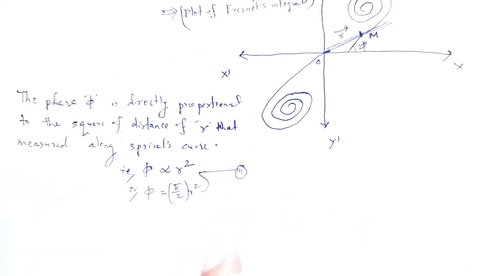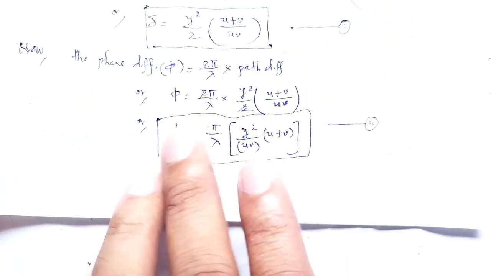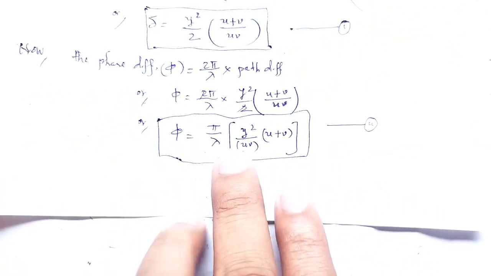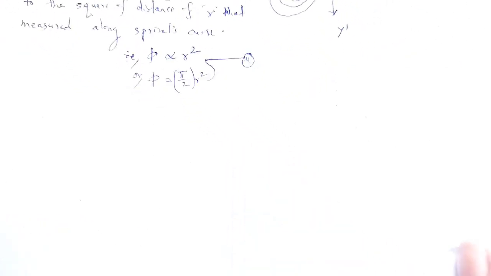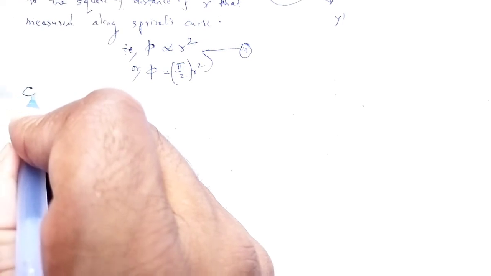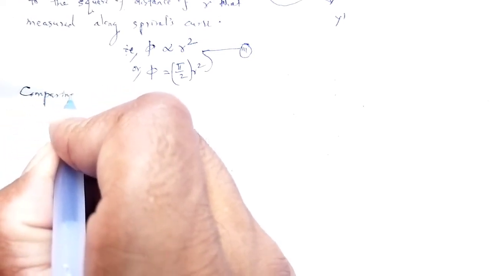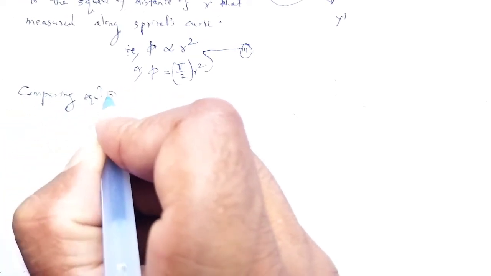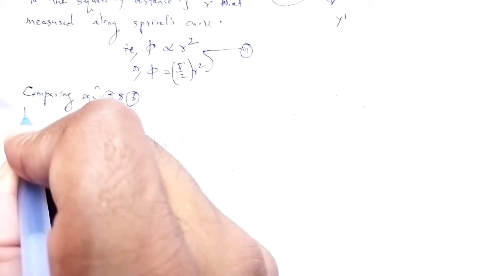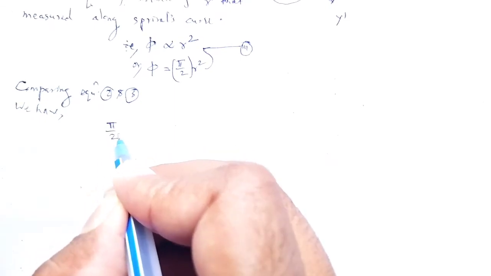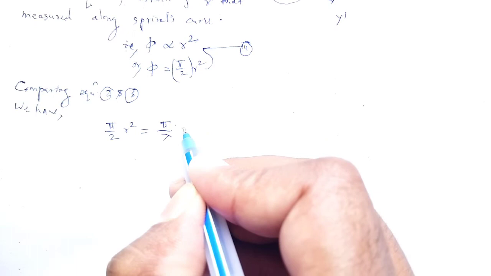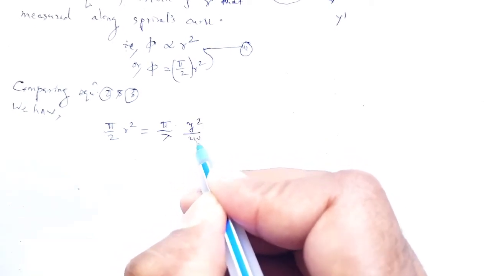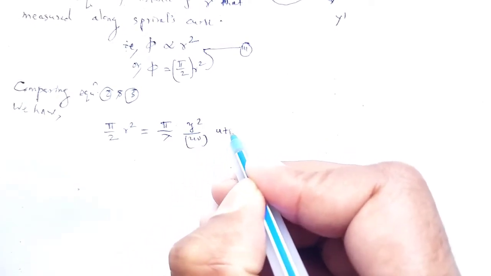Now we compare that equation with equation number 2. Here phi is equal to pi by lambda y square by uv of u plus v, and here phi is equal to pi by 2 r square. Comparing equations 2 and 3, we have pi by 2 r square is equal to pi by lambda y square by uv of u plus v.